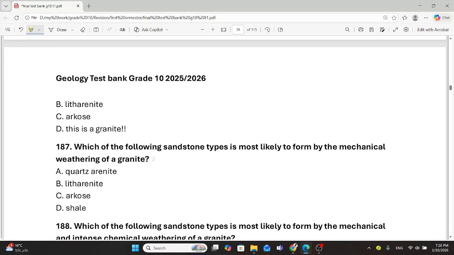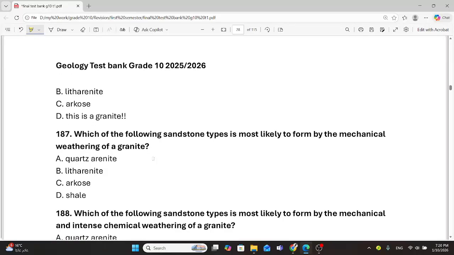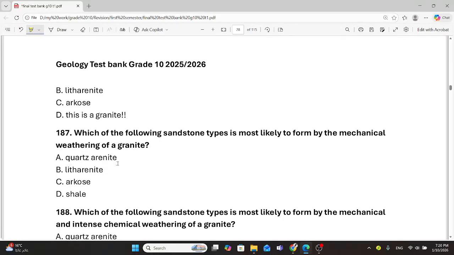Which of the following sandstone types is most likely to form by the mechanical weathering of a granite? Quartz arenite, lithic arenite, arkose, or shale? Arkose.